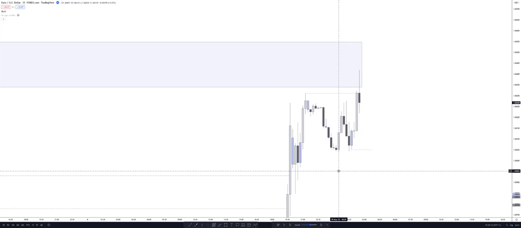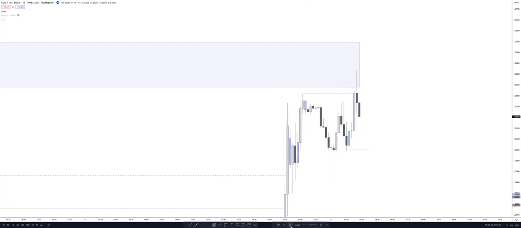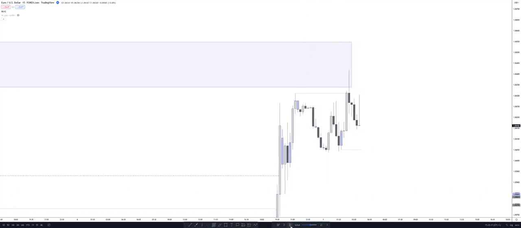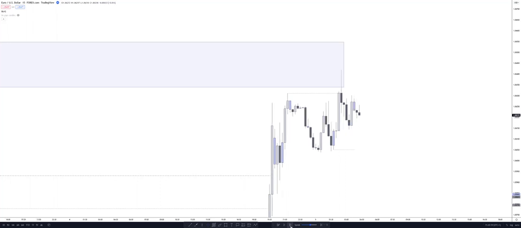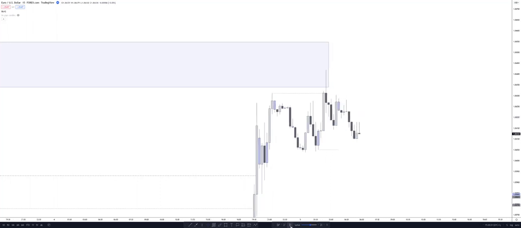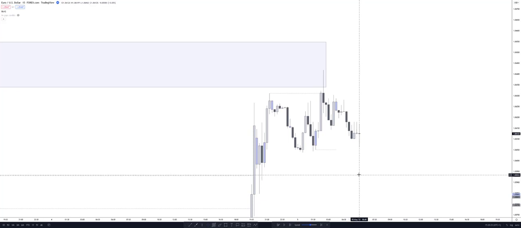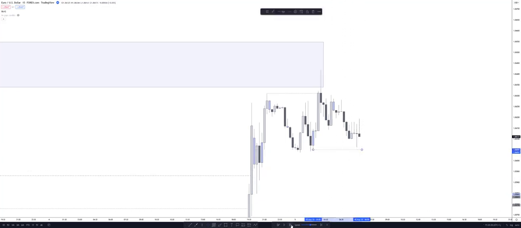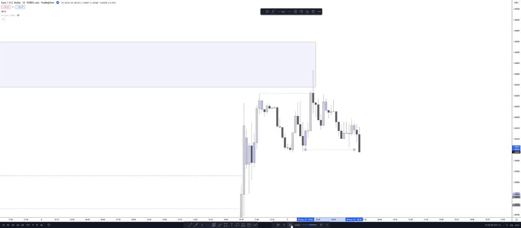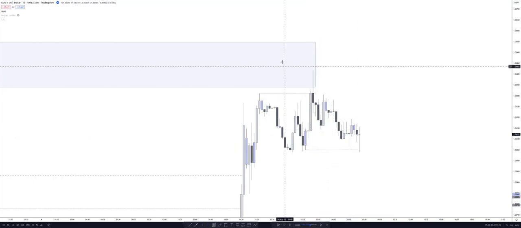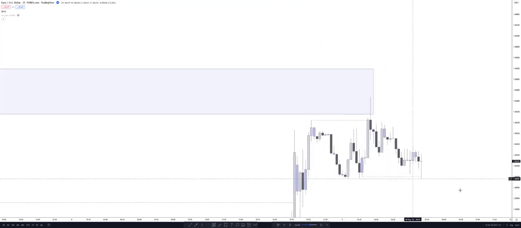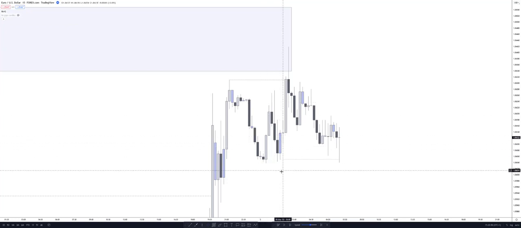So if price comes down, and now this is coming towards our Frankfurt opening time, and we suddenly get a sweep below that low, we've got a change of character. Price has traded below this valid low that formed.